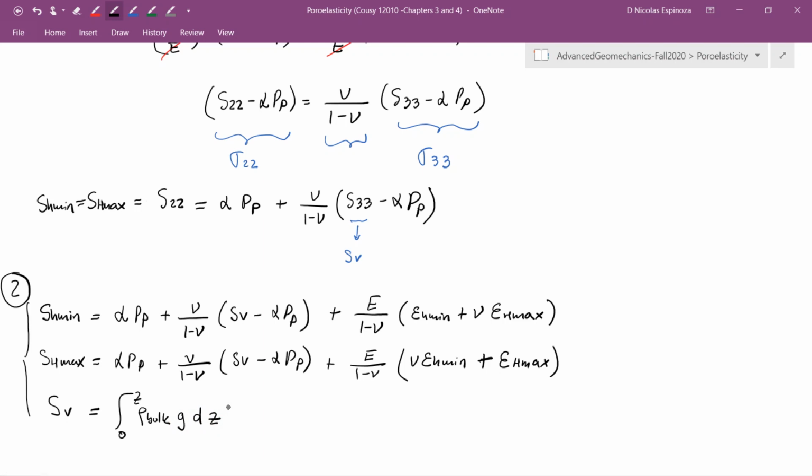Okay, so this is the solution now for the in situ state of stress, considering poroelasticity. You can see the Biot coefficient there, and also tectonic strains.